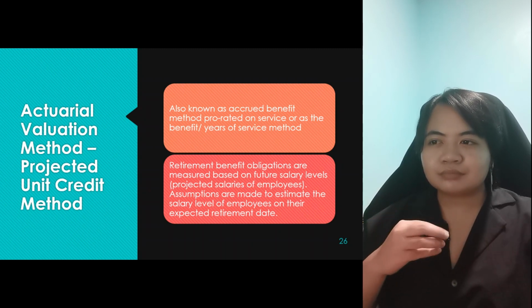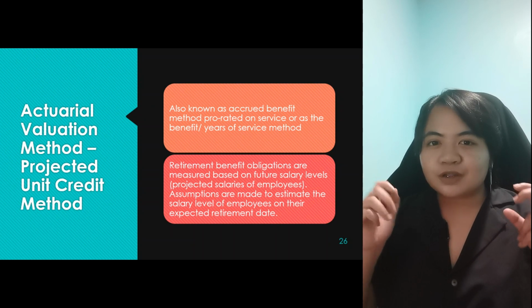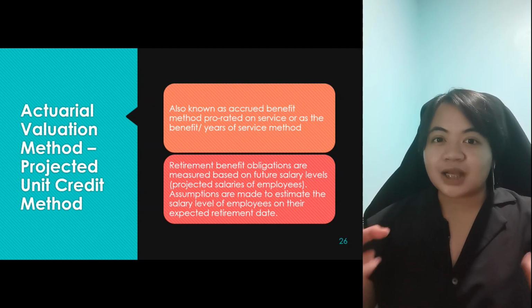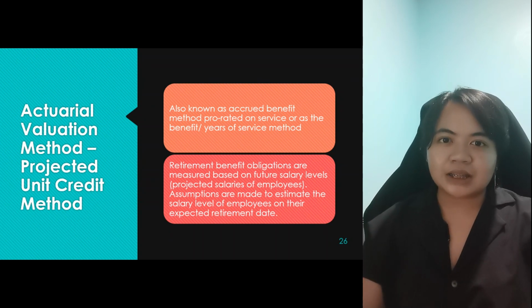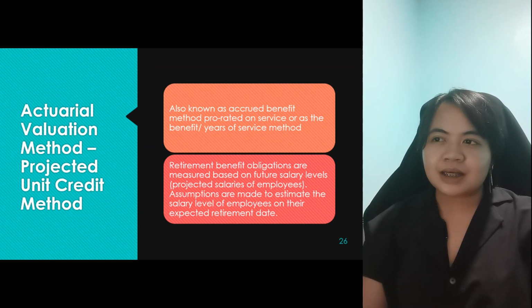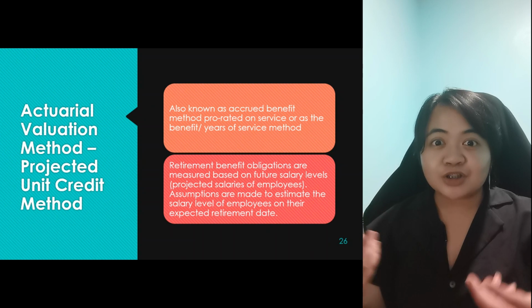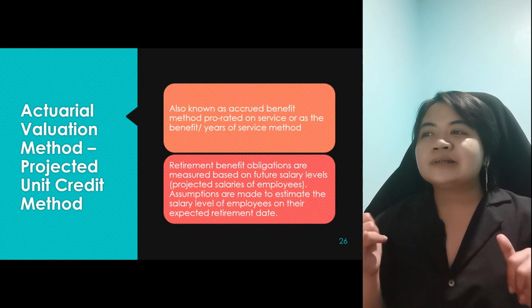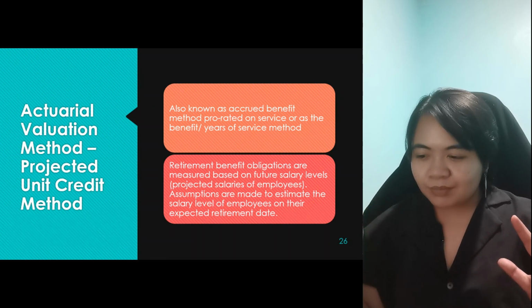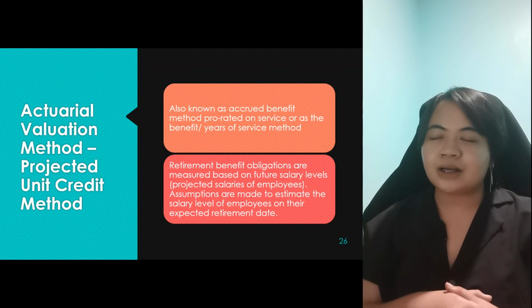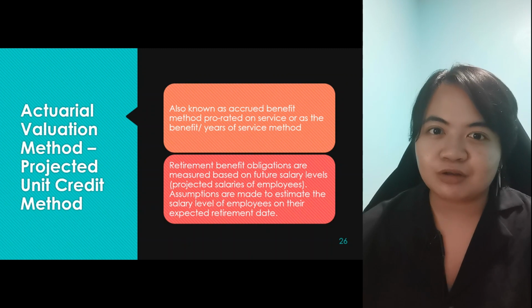Kumbaga, ano yung pinaka-conservative mong projection in the future for the employee rates. So, ganun, future salary levels. Mahirap siyang gawin kasi kapag hindi na-hone or na-develop yung professional judgment mo, talagang baka hindi conservative na tinatawag yung maging judgment mo in the future.